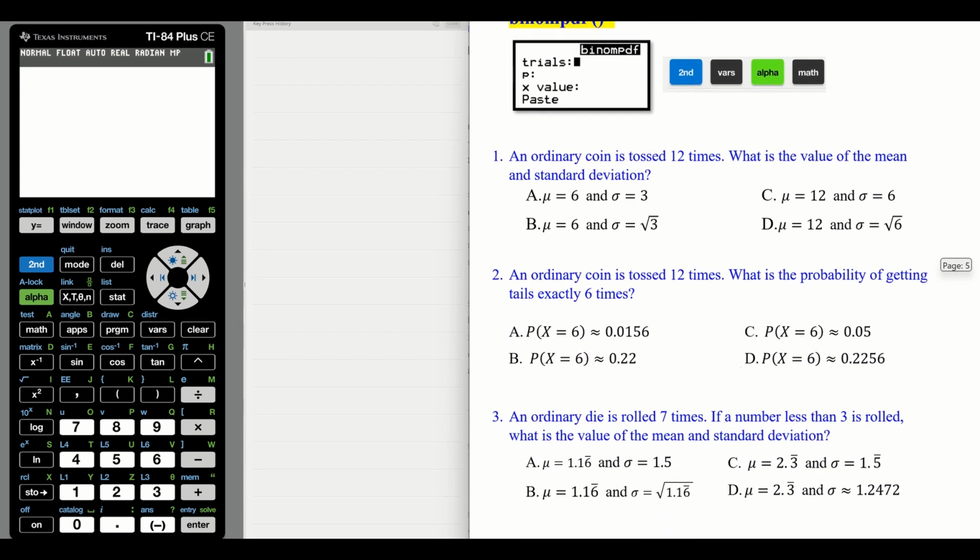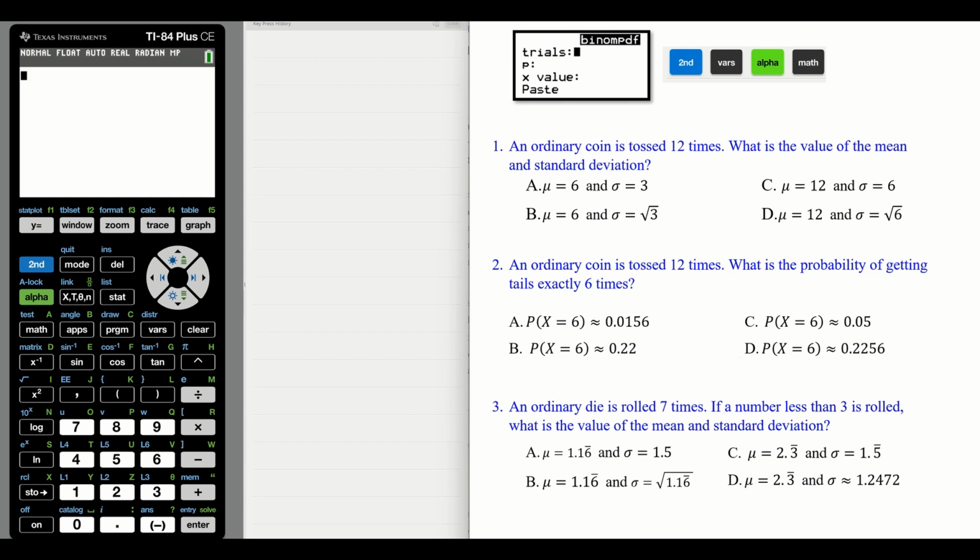Okay, number 1. An ordinary coin is tossed 12 times. What is the value of the mean and the standard deviation? Okay, the mean is just our n, the number of trials, times the probability, and for any coin the probability is half. So that is 12 times a half.